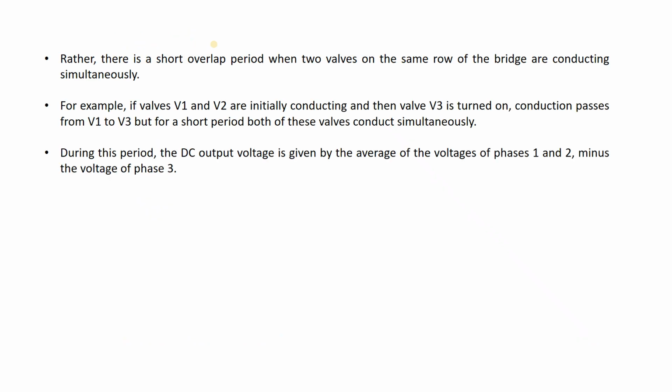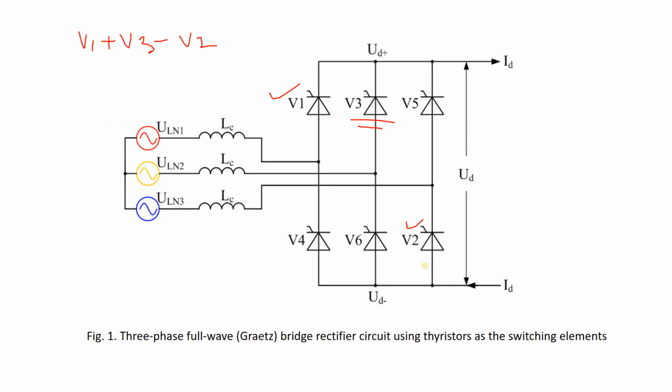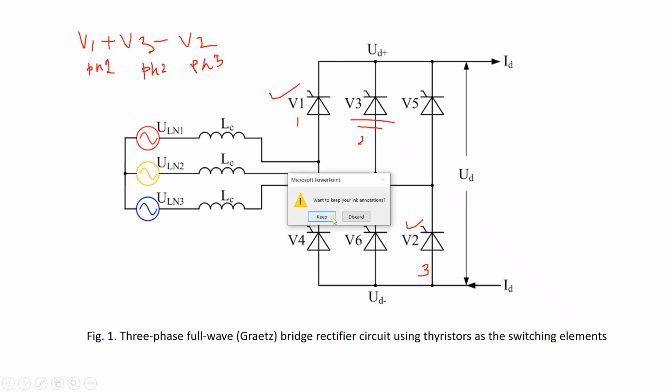So the voltage will be V1 plus V3 minus V2, the average voltages of phase 1 and phase 2 minus phase 3. Why minus phase 3? Because phase 3 is connected to the second valve. This is phase 1, this is phase 2, and this is phase 3.